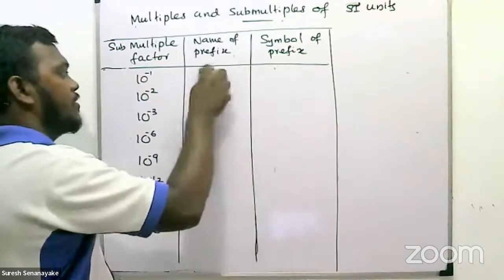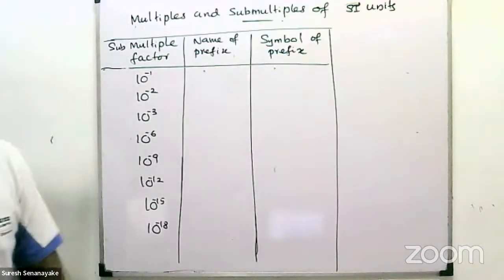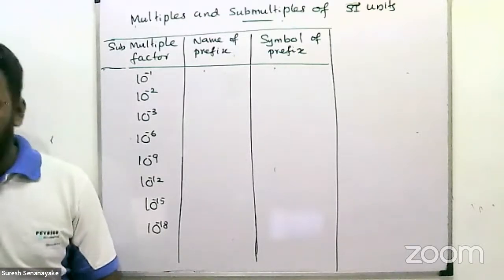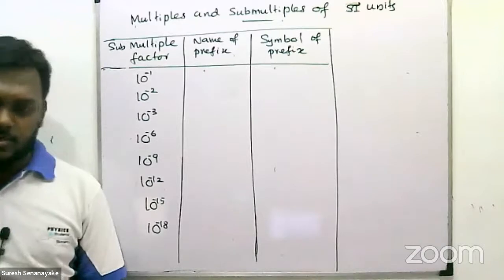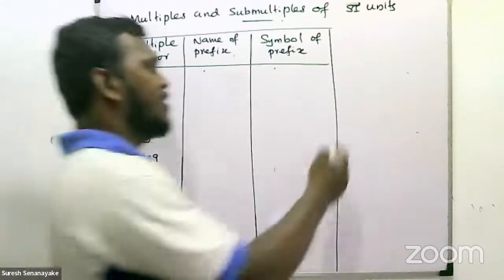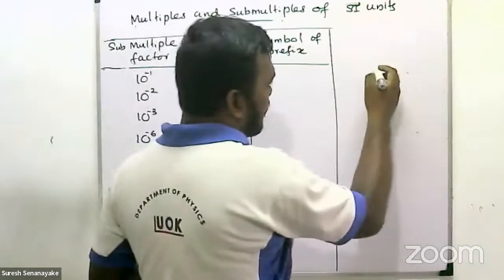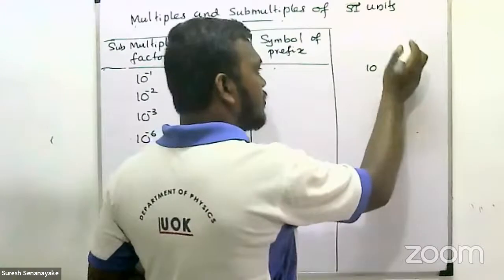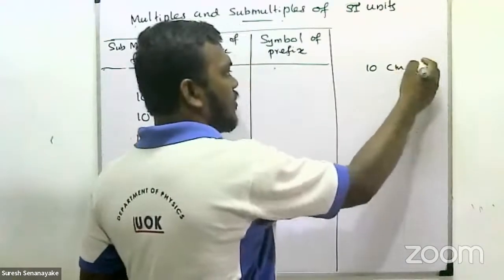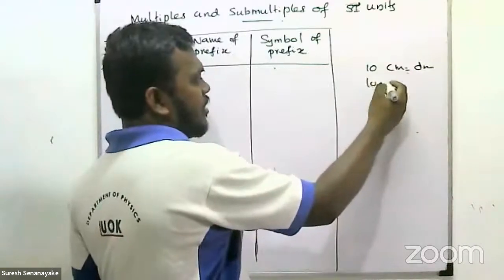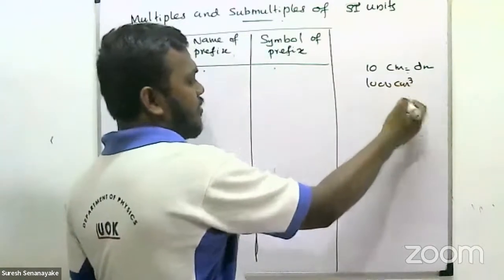So the first one you know is deci. In chemistry you use that, moles per cubic decimeter. A cubic decimeter is, 1 decimeter means 10 centimeters. Cubic decimeter is 1000 cubic centimeters.